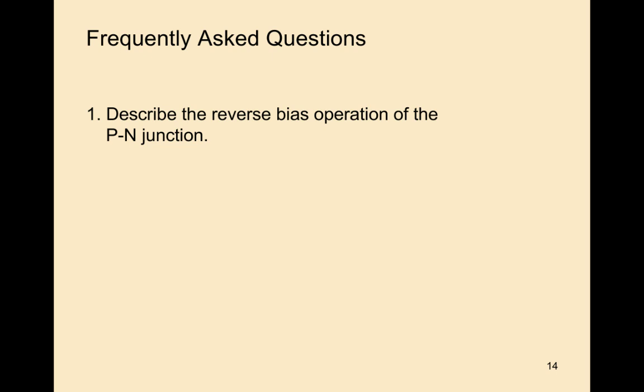So what are the frequently asked questions in exams related to PN junction reverse bias? Explain the operation of PN junction diode in reverse bias mode. Like this also they may ask. And one more question: describe the reverse bias operation of PN junction. And they may ask a short question like define reverse saturation current.